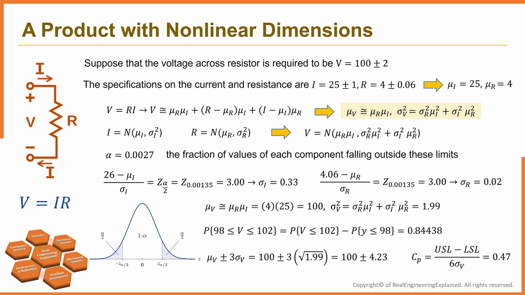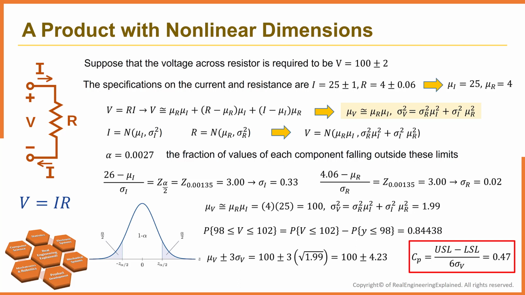And the process capability of the output voltage is 0.47. We have the upper specification limit minus the lower specification limit, divided by 6 times the standard deviation of the voltage.